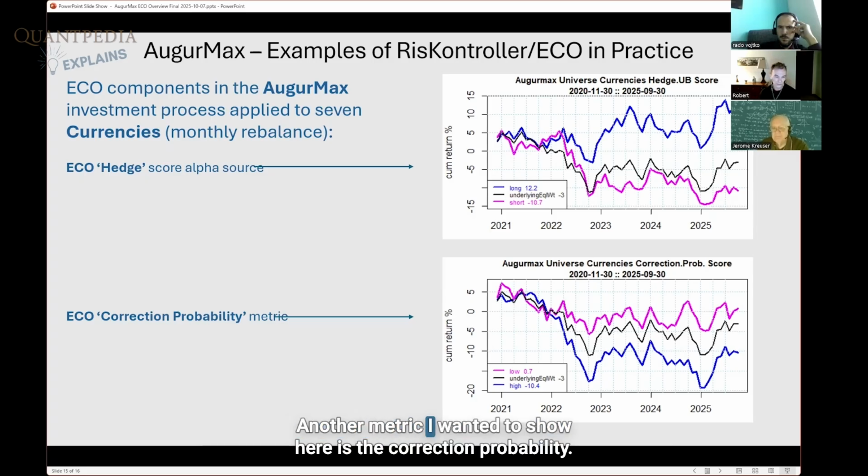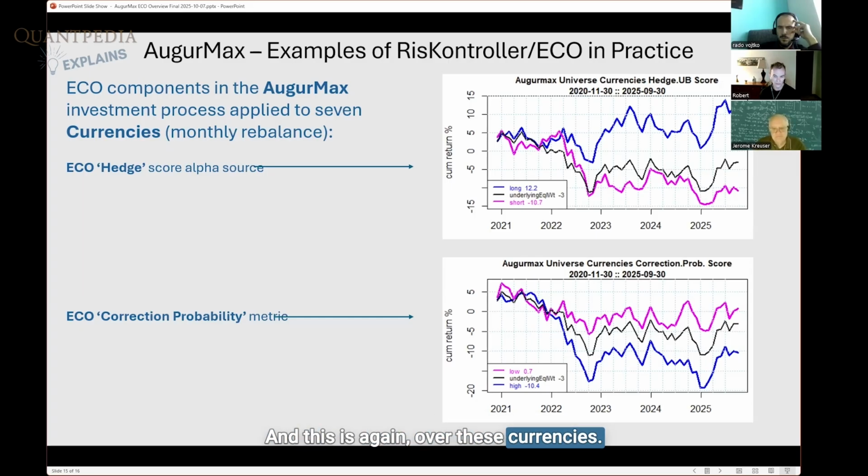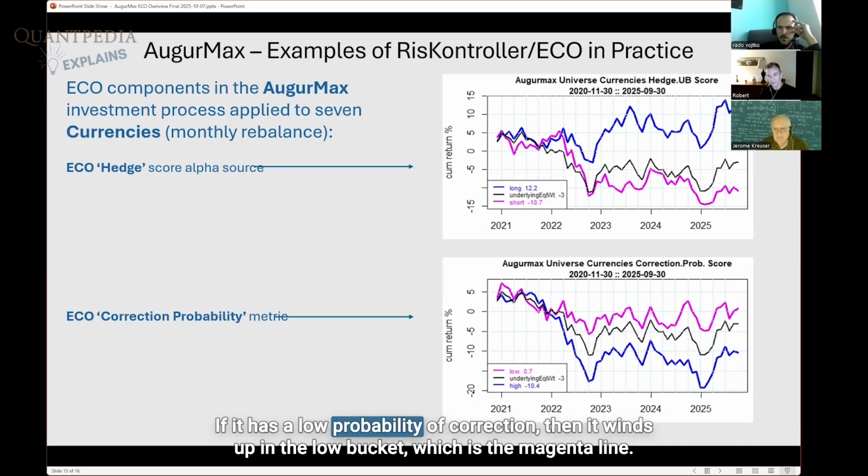Another metric I wanted to show here is the correction probability, and this is again over these currencies. So if a particular currency has a high correction probability, it winds up in the high bucket, which is the blue line here. If it has a low probability of correction, then it winds up in the low bucket, which is the magenta line.